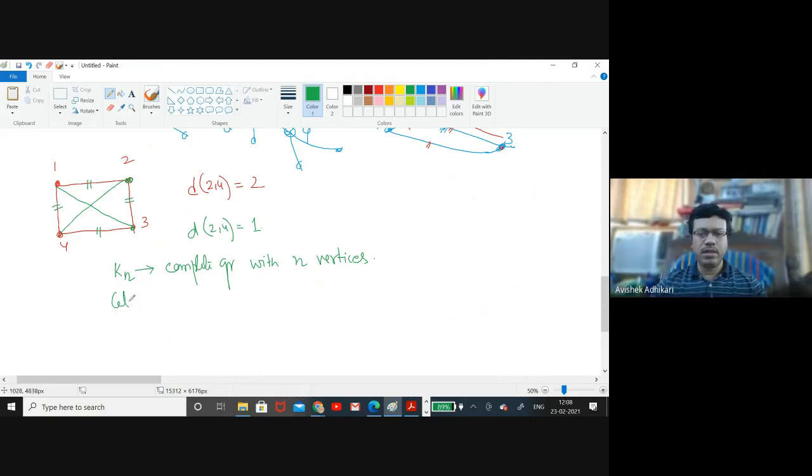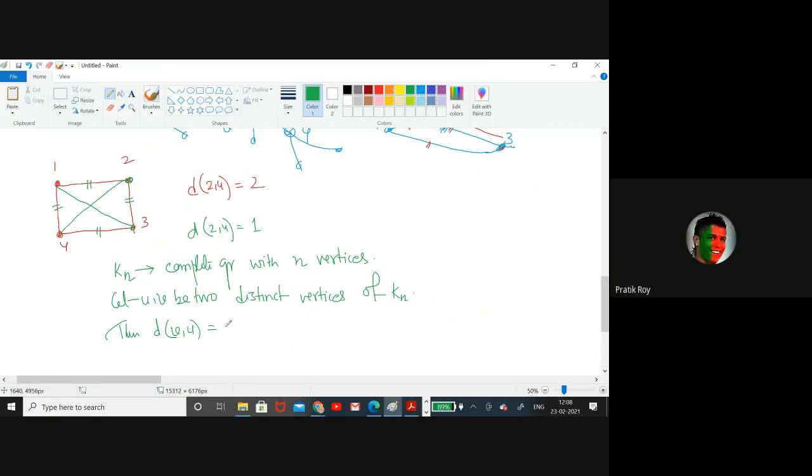Let u and v be two distinct vertices of Kn. Then can you tell me how much d of uv, or vu, will be?